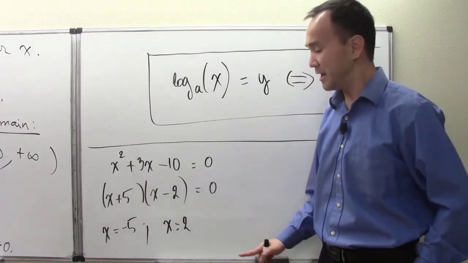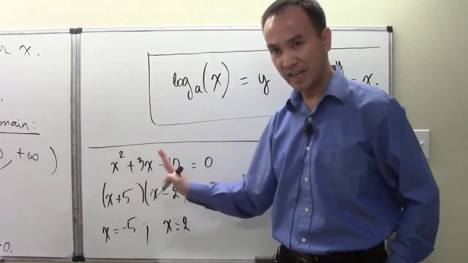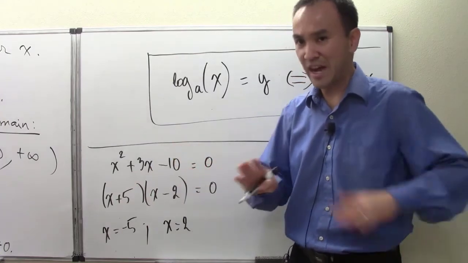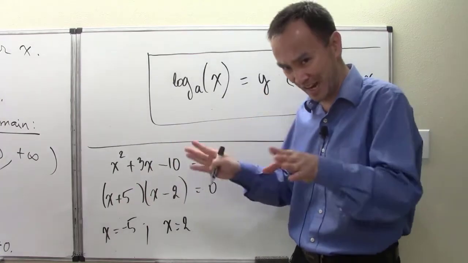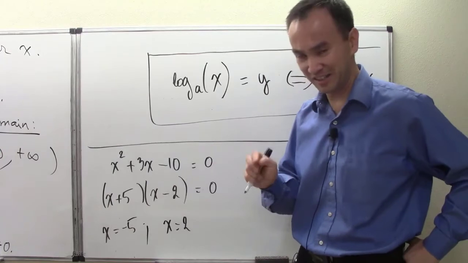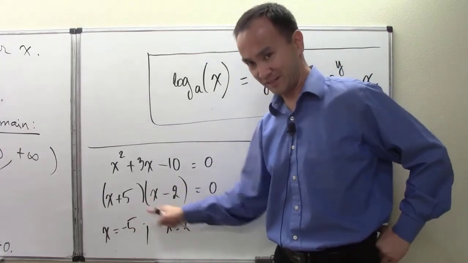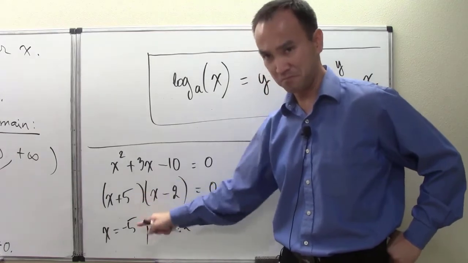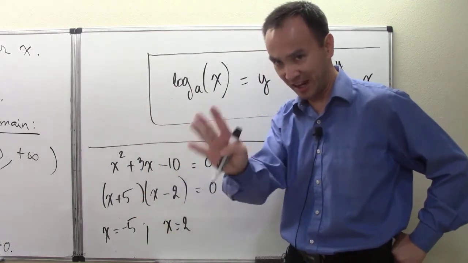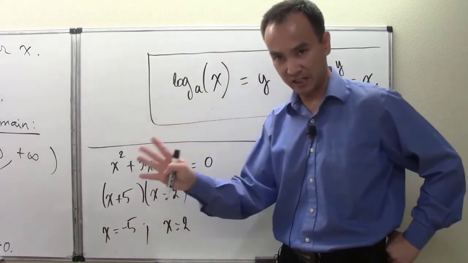But there was a reason why I keep using the term tentative solution, and I'm probably the only one using that terminology. Tentatively, we want to head out with these, but keep in mind there's a chance that some of these may get ruled out.